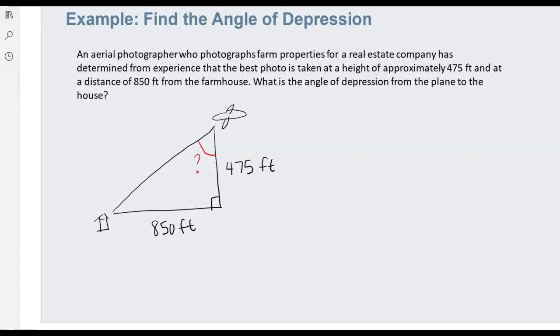Based on the angle that's given and what sides are given, we have the opposite side and we have the adjacent side to that particular angle. Let's call this angle A. So the tangent of angle A will be the opposite side over the adjacent side, or 850 divided by 475.